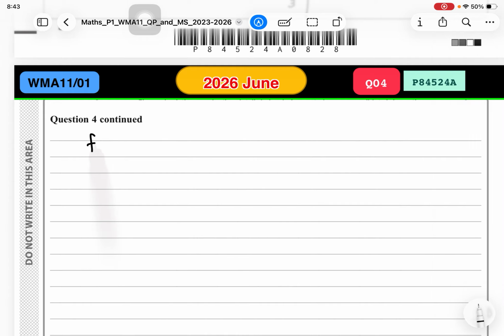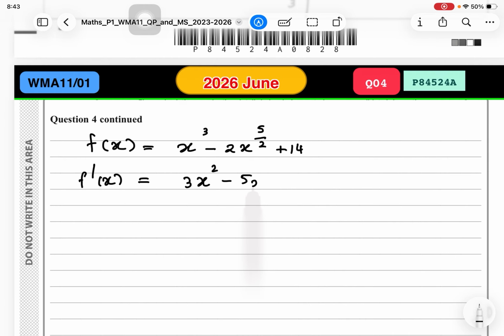We have f(x), which was x to the power 3 minus 2x to the power 5 over 2 plus 14, and we had f'(x), which is 3x squared minus 5x to the power 3 over 2.